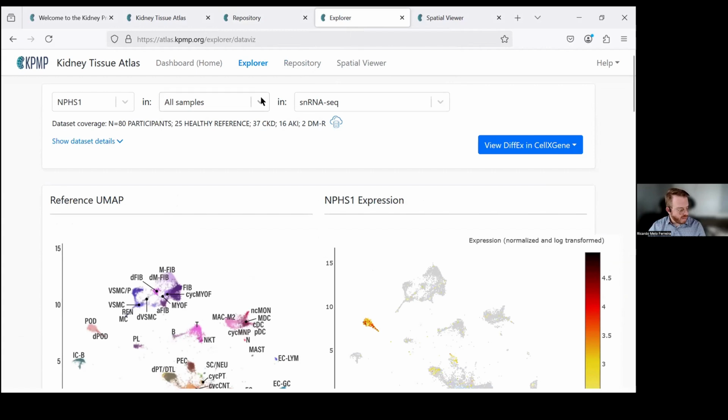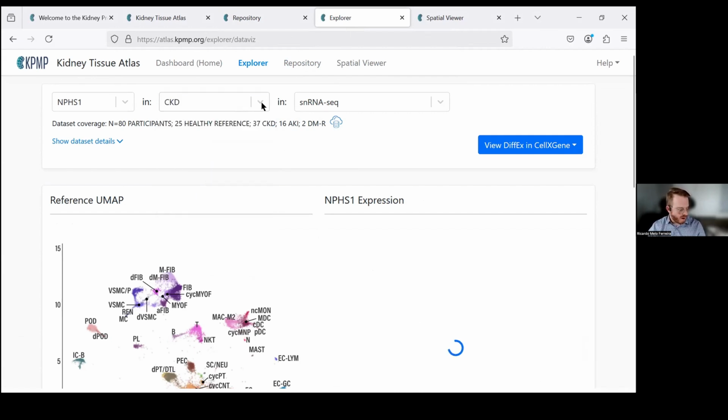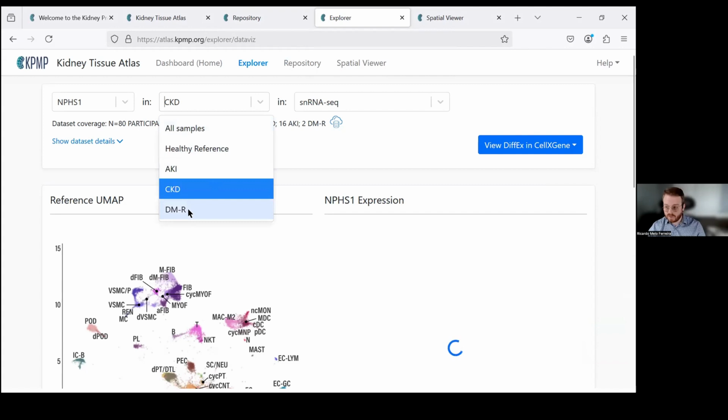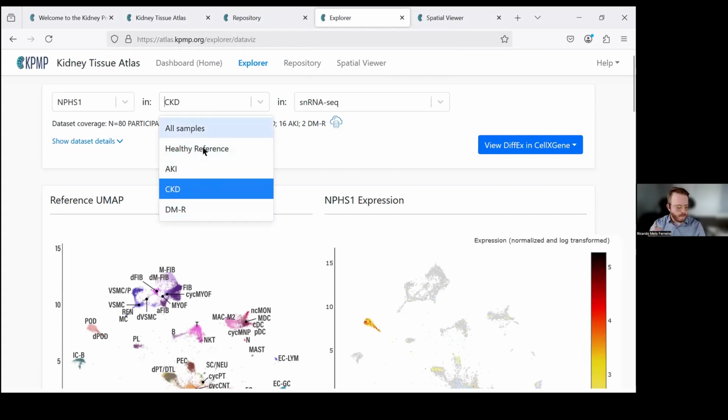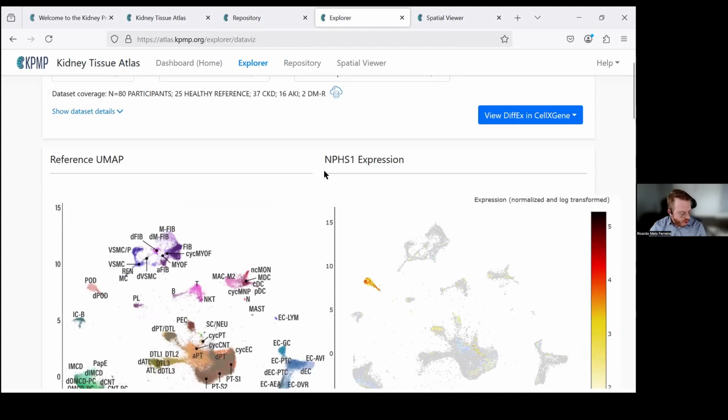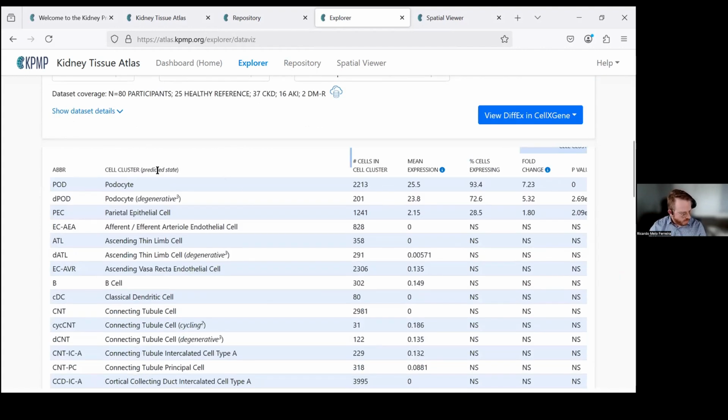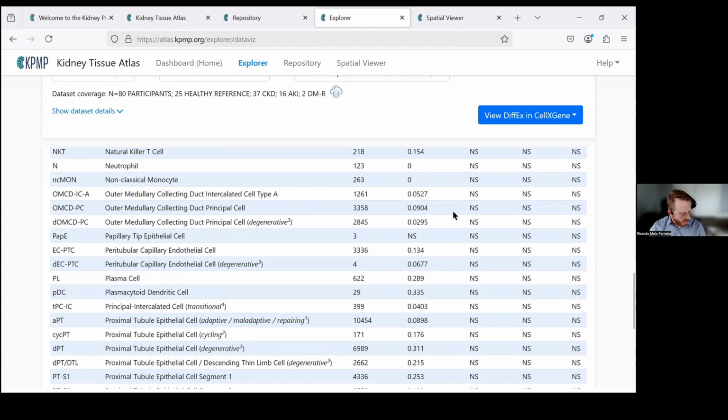You're absolutely right. To some extent, you can do a very basic thing where you can break down in the Atlas Explorer by basic AKI, CKD, the resistors, right? And healthy reference. So that gives you some degree of seeing a difference. But here I think you don't have any condition.